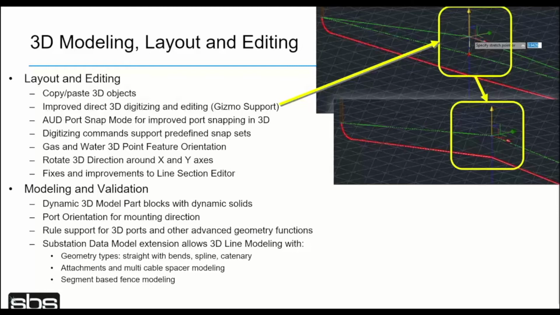So what you end up with is not really an AutoCAD dynamic block, but a static block, but that is sized to that particular size. And the system has some robust support for ensuring that that is updated and managed, as well as any port definitions that might be contained within that.